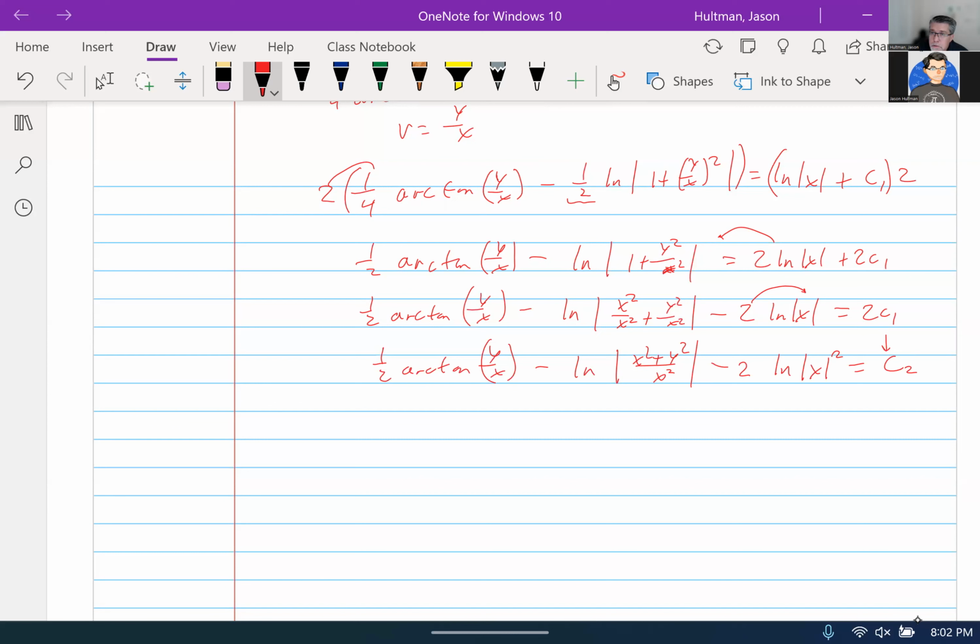Now what we're going to do is try to combine these natural logs.